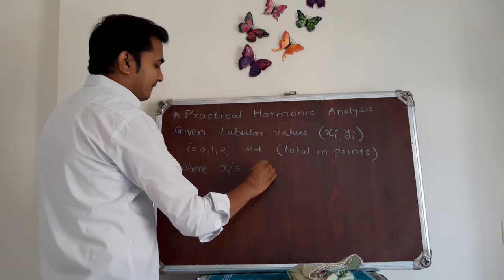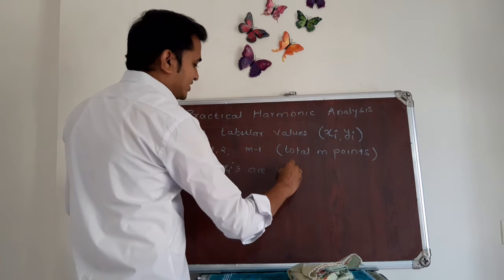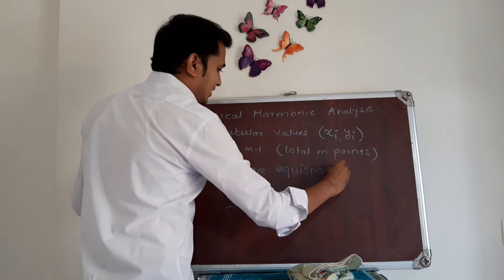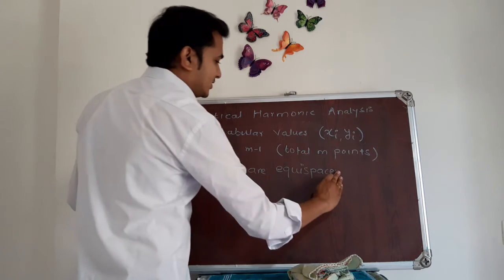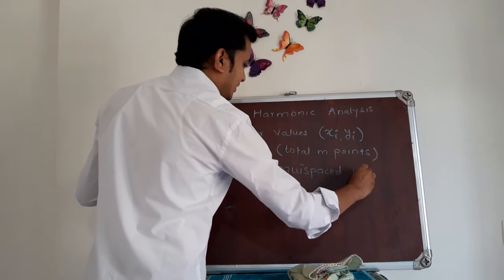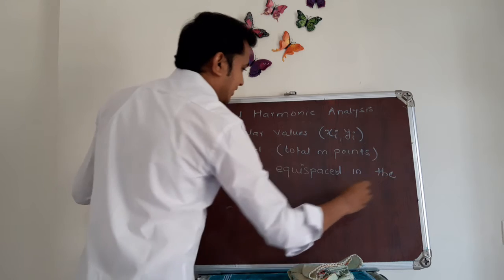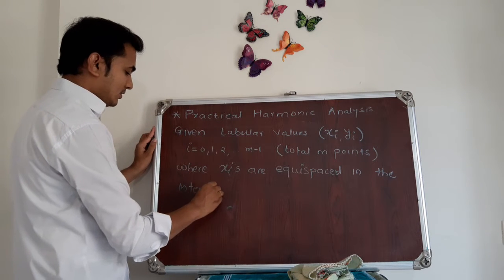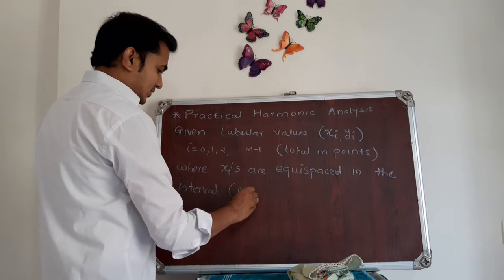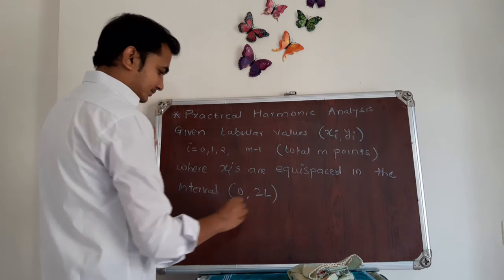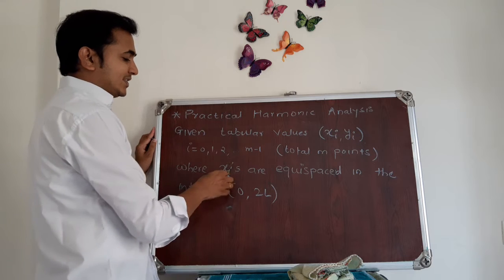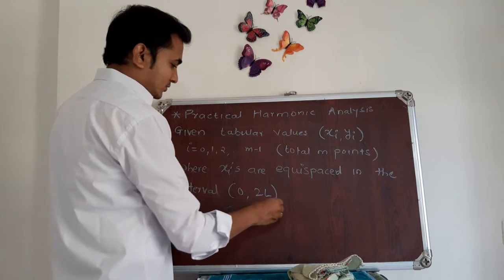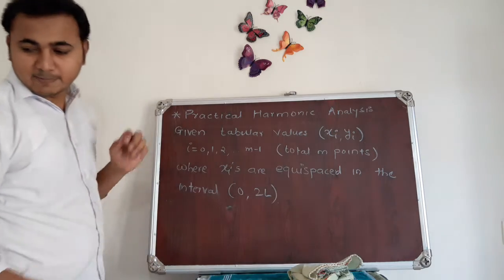xi's are equispaced in the interval say 0 to 12. All xi values are equispaced in the interval 0 to 12.